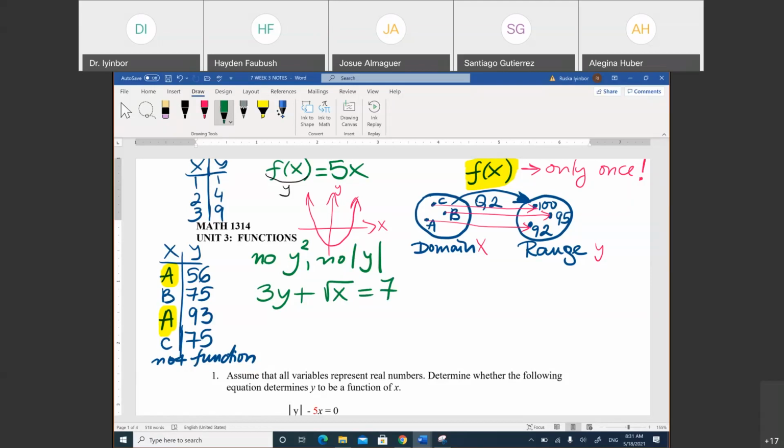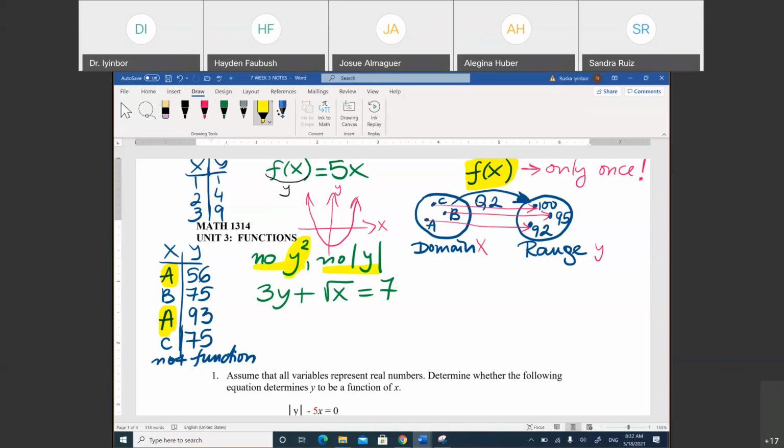Is it a function or not a function? Is it not a function because of the square root of x? Did I say something about square root of x? The rule that you put above it says no y squared.